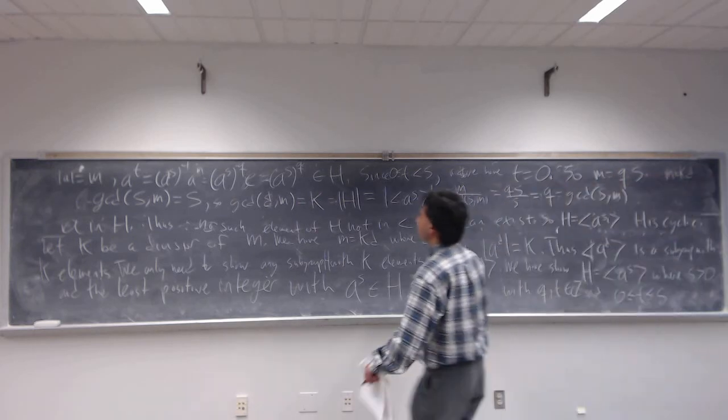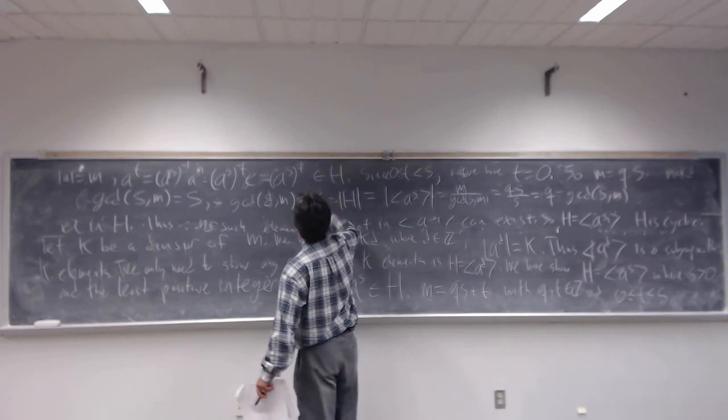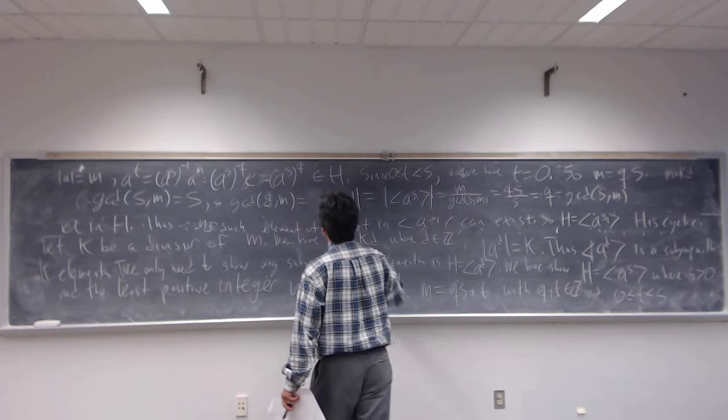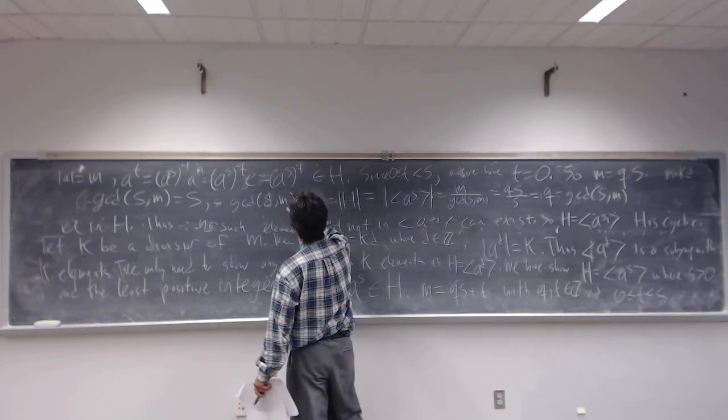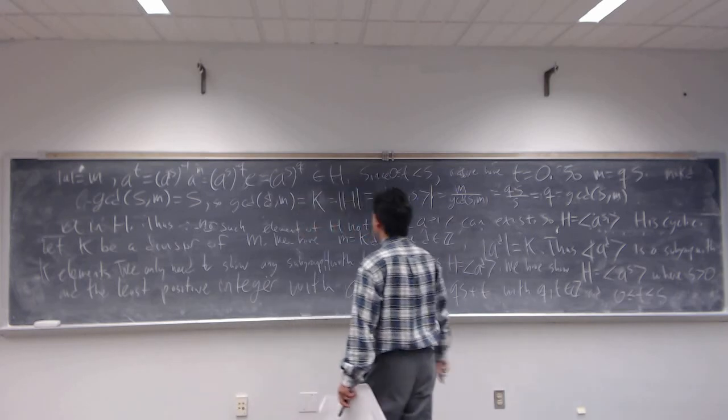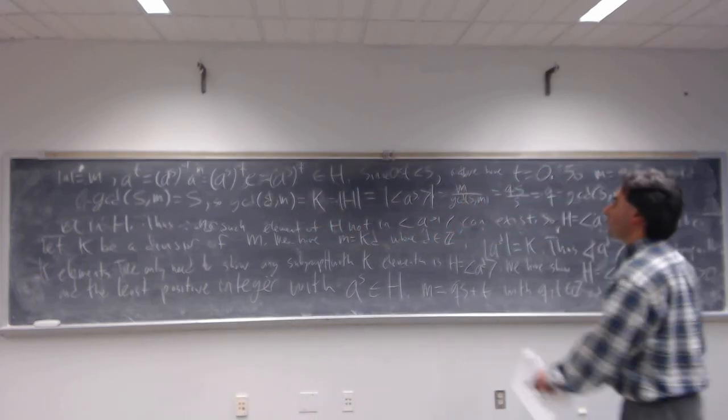Oh wait, so the greatest common divisor of G and M would be K. Yeah, okay, that's what this is.